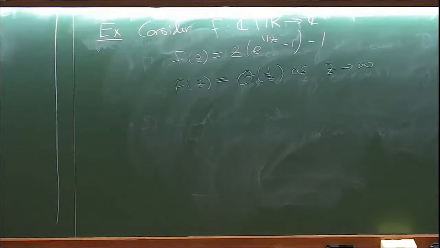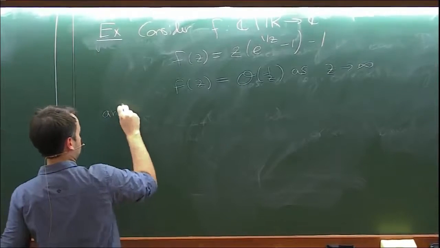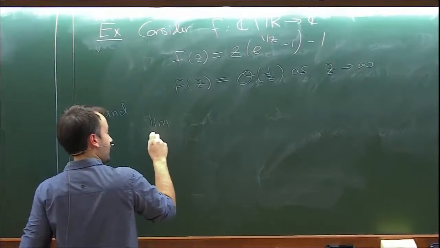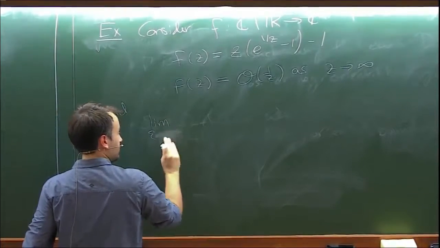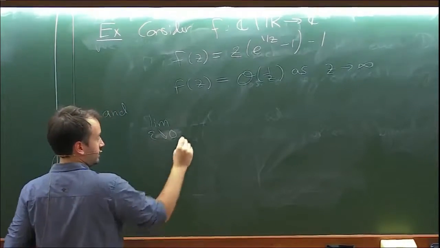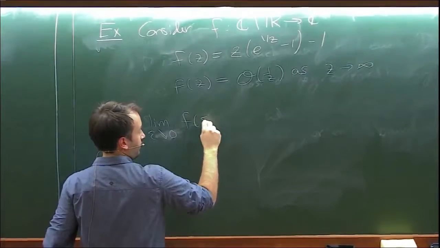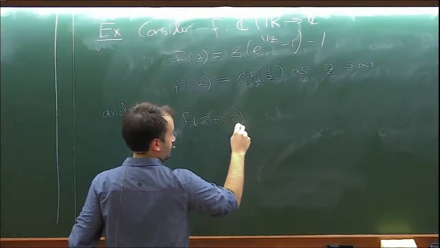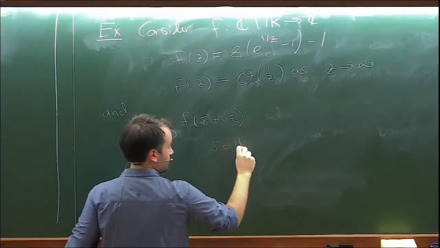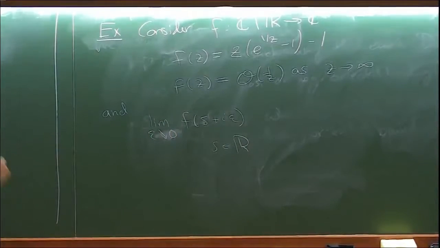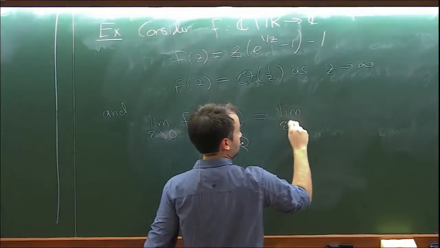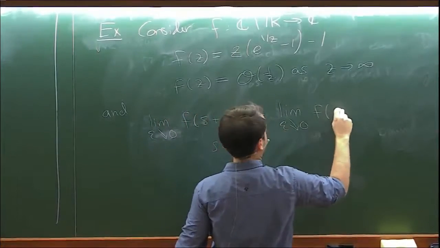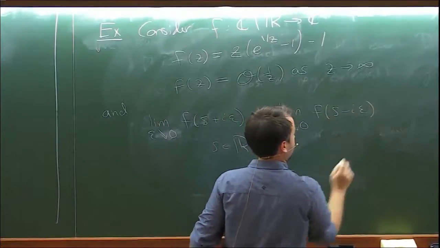Okay, and the limit as epsilon goes to 0 through positive values of f of s plus i epsilon, s being real, so now we're looking at a boundary value from above, will be equal to the limit as epsilon goes to 0 of f of s minus i epsilon.